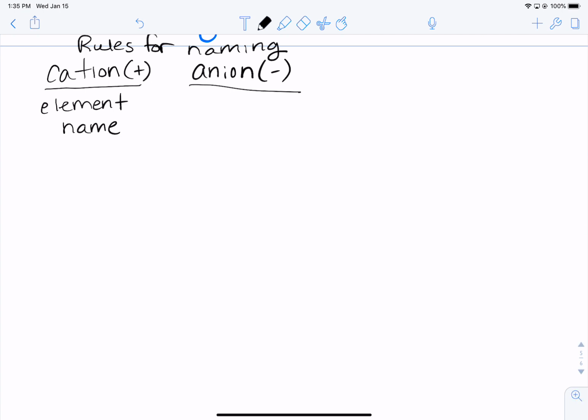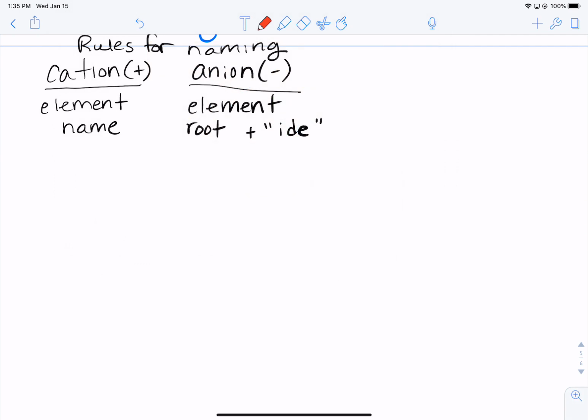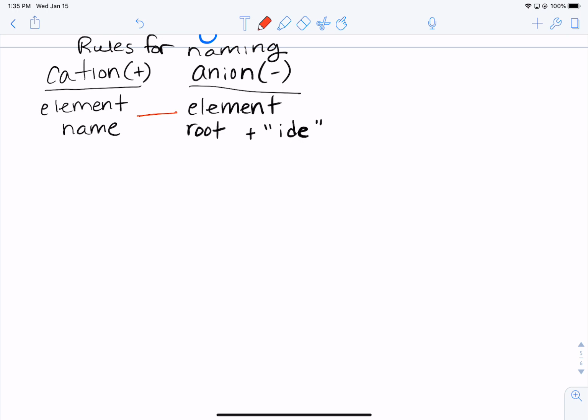And then for the anion, you do the element root, and then you add the ending "ide" to the end, right? Like bromide, chloride, things like that. So an example of this, when these 2 bond, it could be something like beryllium bromide.